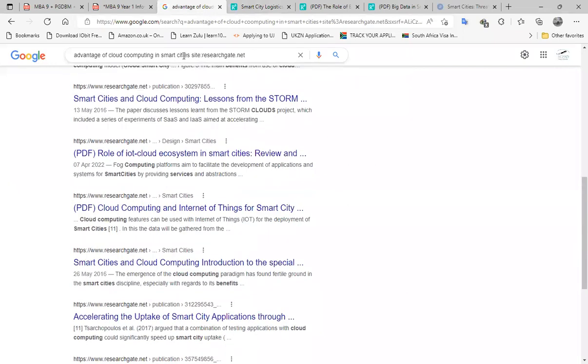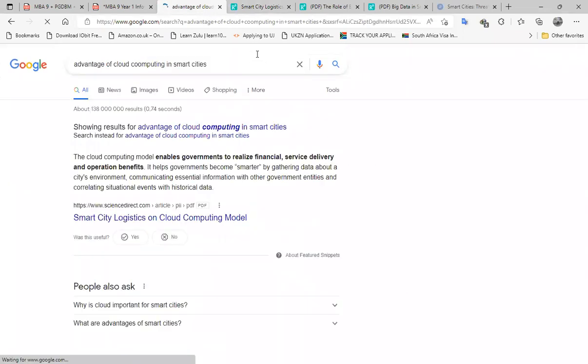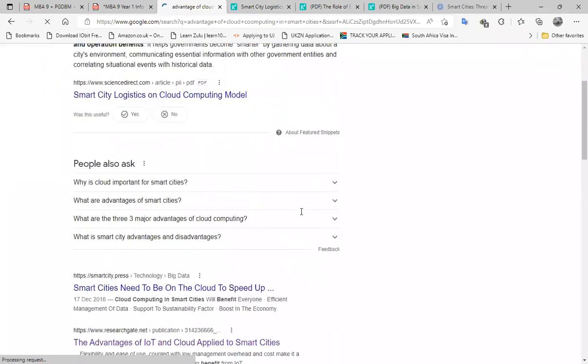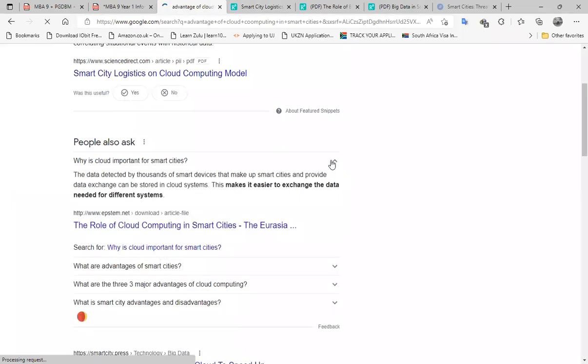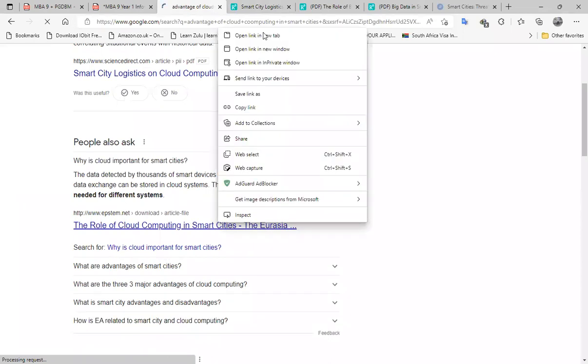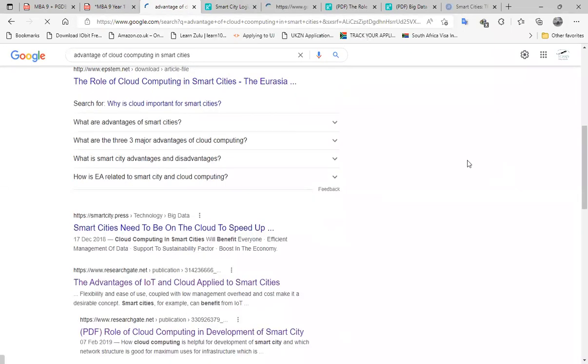Because of time, let's concentrate. All right, so why is cloud computing important for smart cities? So, advantages of cloud computing.